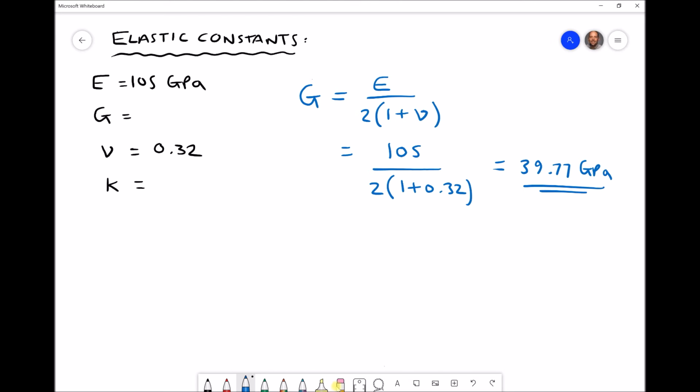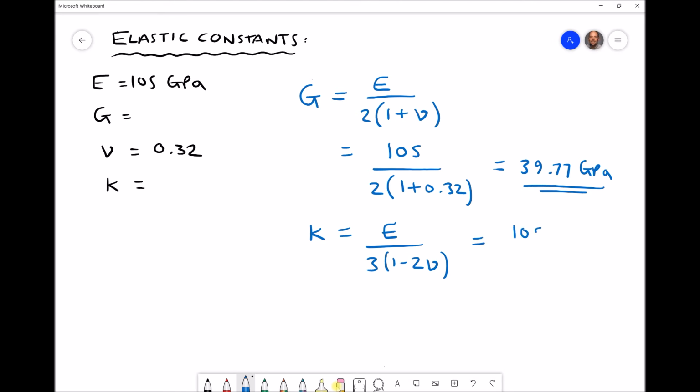Next, we can calculate our bulk modulus. And the formula for bulk modulus states that K equals E over 3 times 1 minus 2 times the Poisson's ratio. And again, we can just plug in our values.